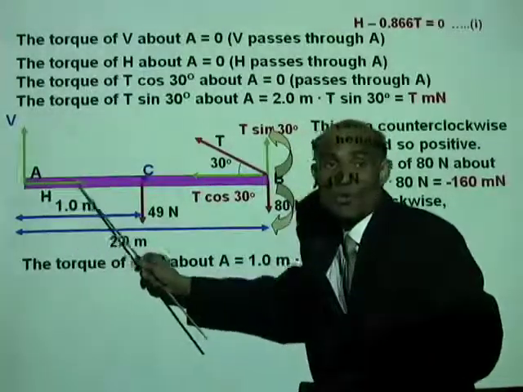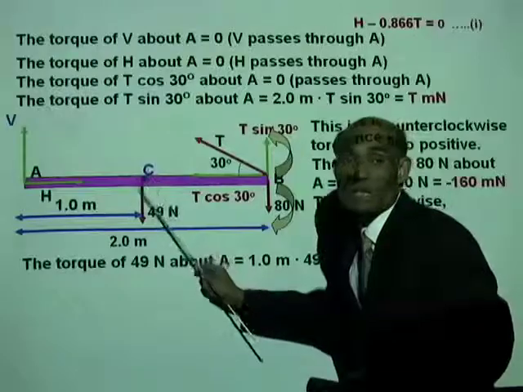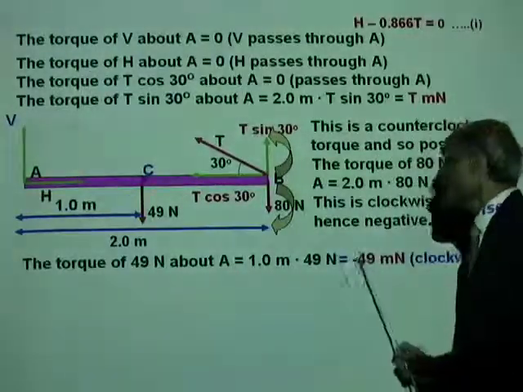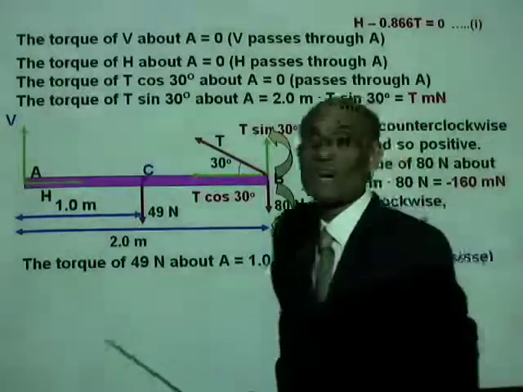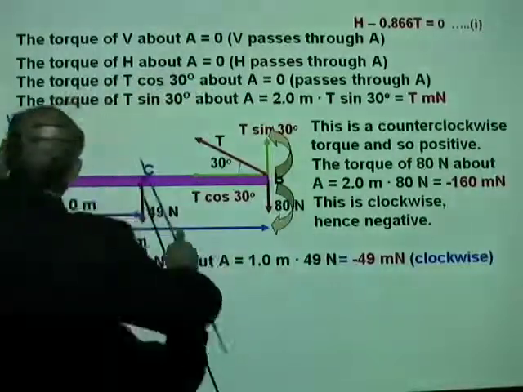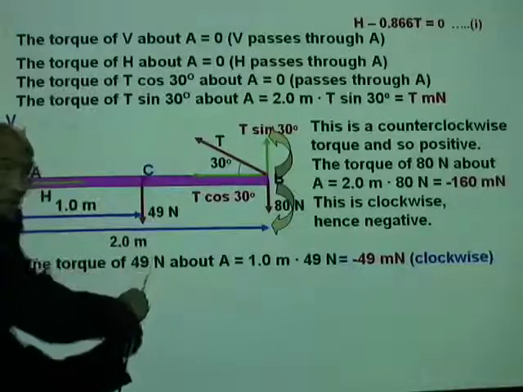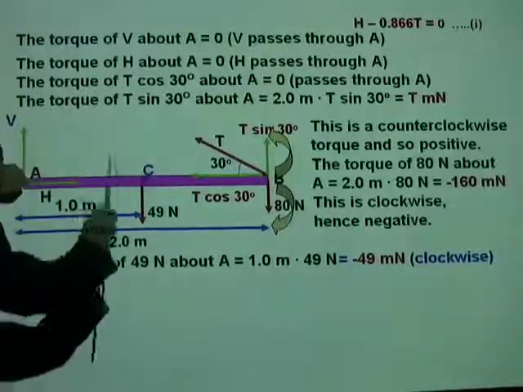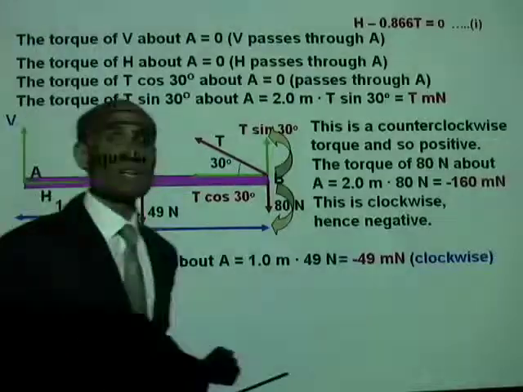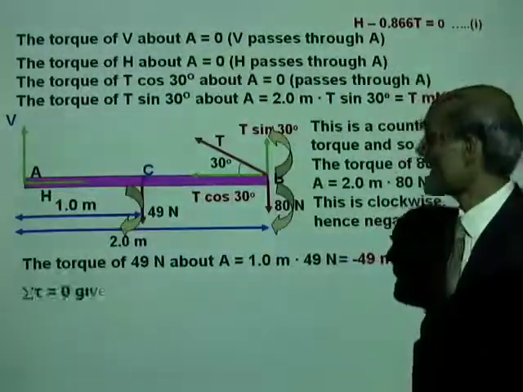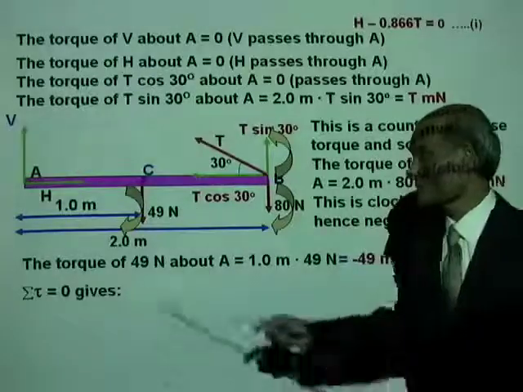The torque arm is 1 meter multiplied by 49 Newton. That will be negative 49. Why negative? Again, the torque of the 49 Newton about the point A is negative. It's a clockwise torque.